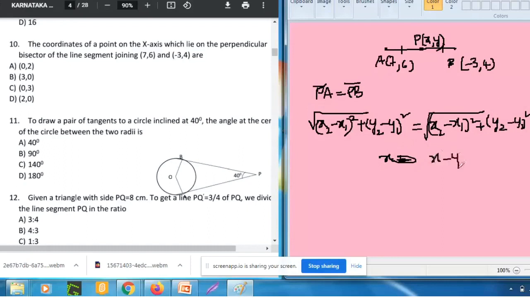In the question it's clearly mentioned that it is a point on the x-axis. So we all know that on the x-axis the y coordinate will be 0. So x minus 0 is equal to 3, x is equal to 3. So the required point here is (3, 0). B is the correct option.